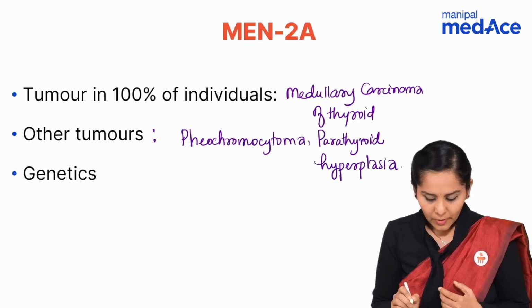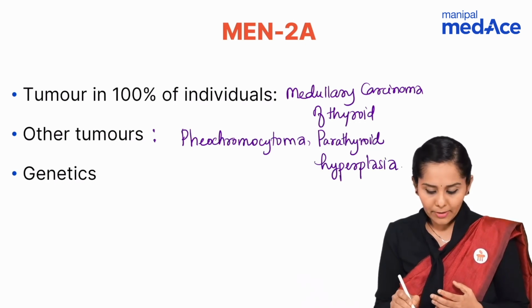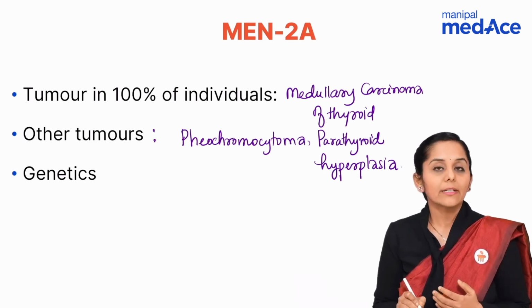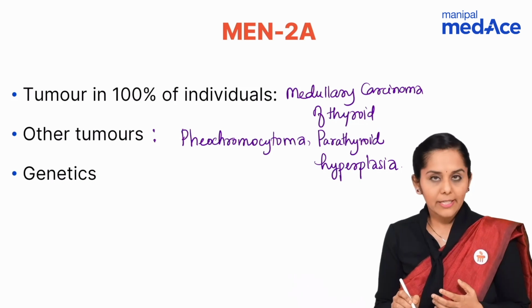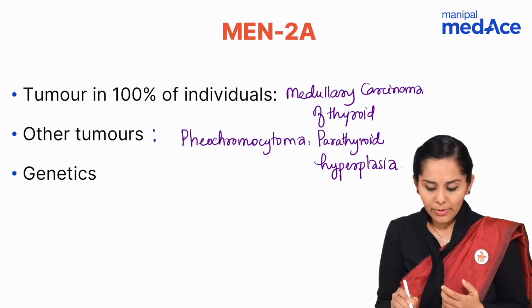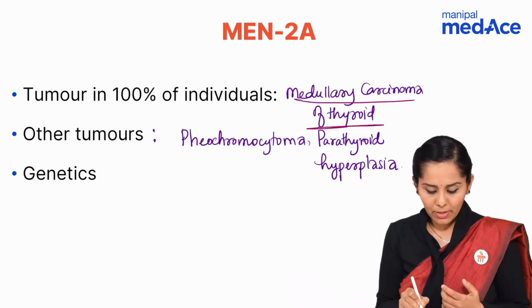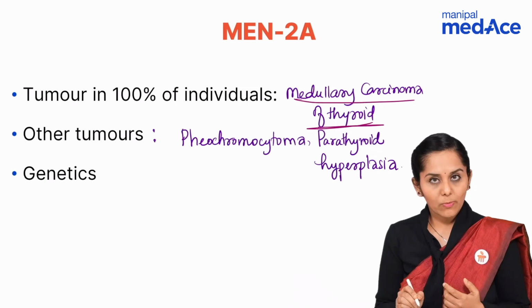So the clinical symptoms can be related to medullary carcinoma of thyroid, then pheochromocytoma, and also in the form of the calcium stones which are seen in the kidney, as well as that gets deposited in the interstitium due to increased calcium levels because of parathyroid hyperplasia. But most important is 100% association with the medullary carcinoma of the thyroid.